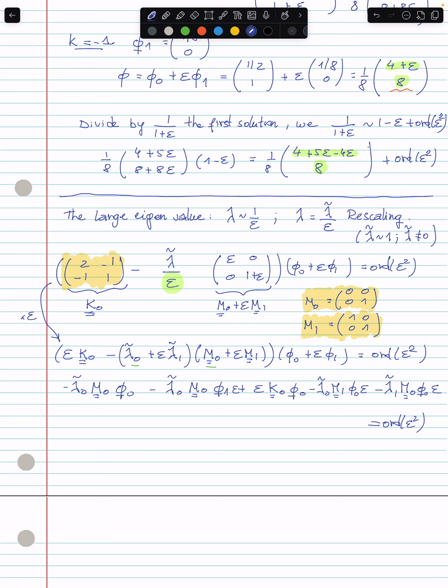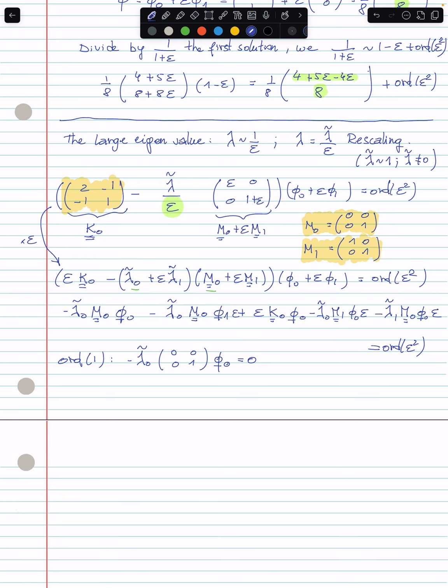At leading order, what do we have? We have that minus lambda 0 tilde times m0 times phi 0 is equal to 0. And you see that the matrix here, m0, is already singular. And that's good for us.